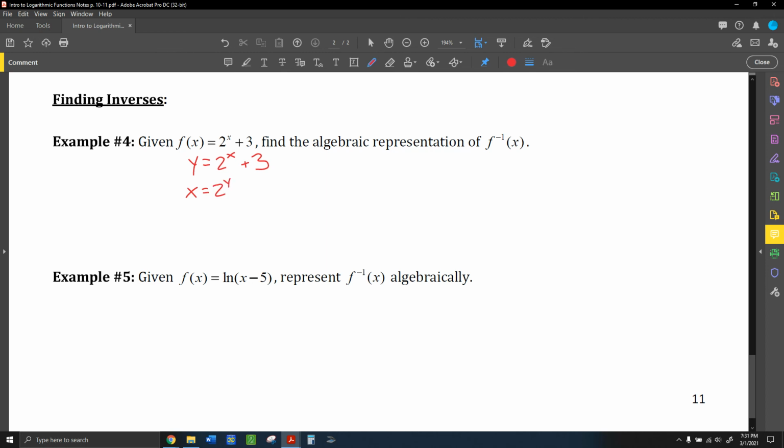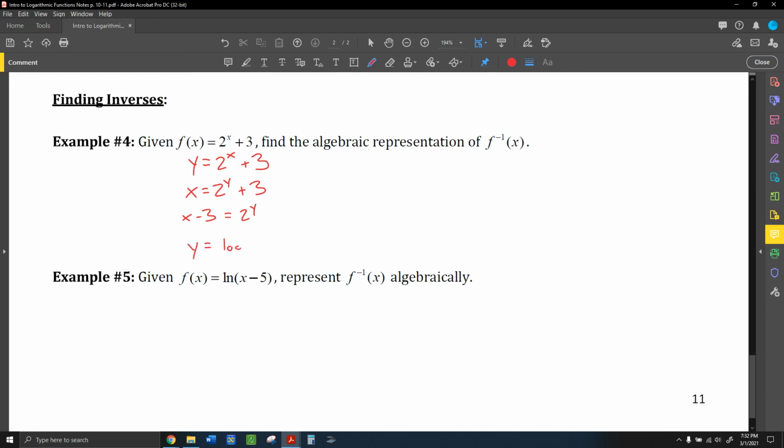So rewriting the equation, x equals 2 to the y plus 3. We can solve for y by first subtracting 3. So we have x minus 3 equals 2 to the y. And then in order to get y by itself, let's rewrite this as a log. So this is saying log base 2 of x minus 3 equals y.